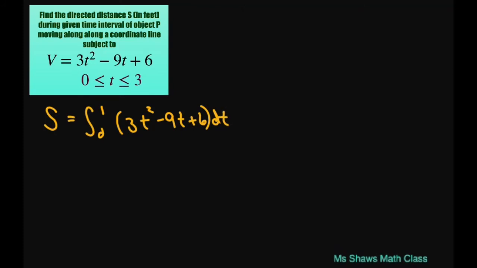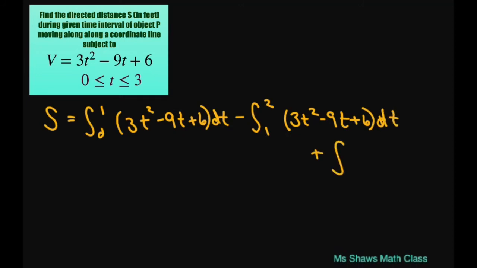Then we're going to have minus the integral from 1 to 2 of the same. Everything's always going to be the same here. Then plus the integral from 2 to 3 of 3t squared minus 9t plus 6 dt.